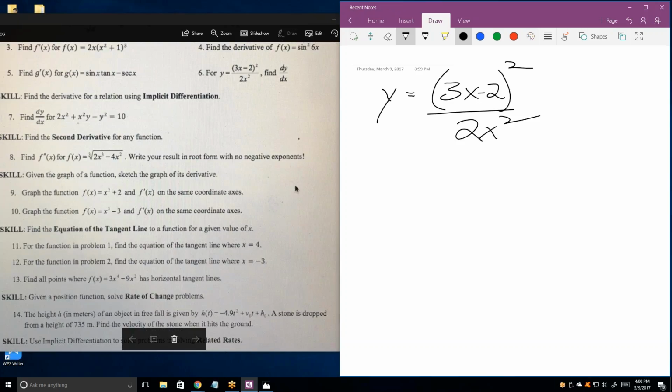Now, you want to know y prime. First of all, let's talk about the quotient rule. If I've got one function being divided by another function, then y prime, there's a real easy way to memorize it. Do you have it memorized?